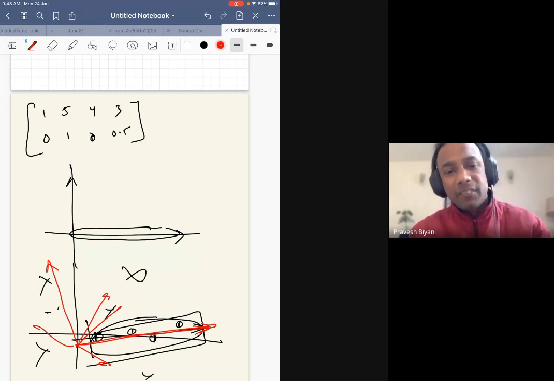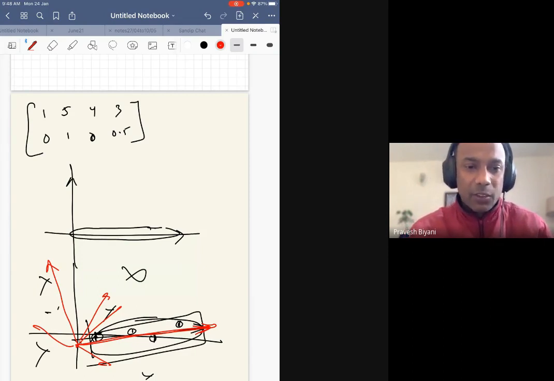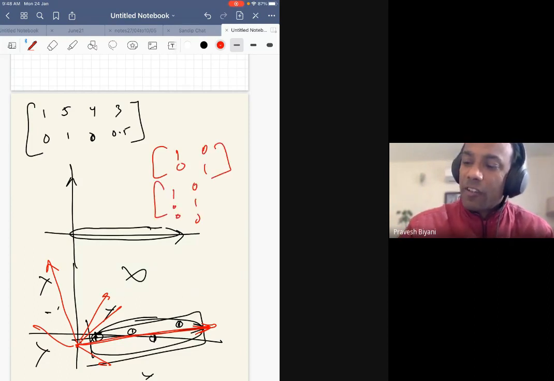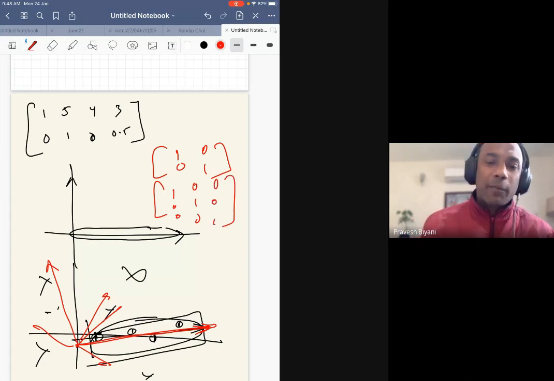Better in the sense we will understand later what the sense of being better is. But they are better representations of the same data than the canonical basis. You understand what a canonical basis is? The canonical basis is 1 0, 0 1 in R2. In R3, it is 1 0 0, 0 1 0, 0 0 1. These are canonical bases.